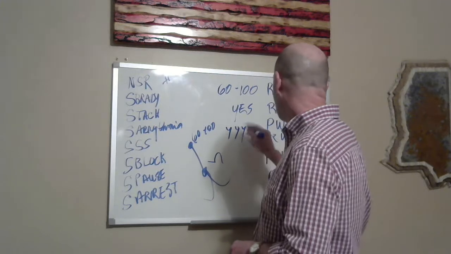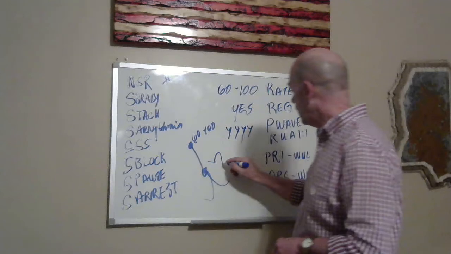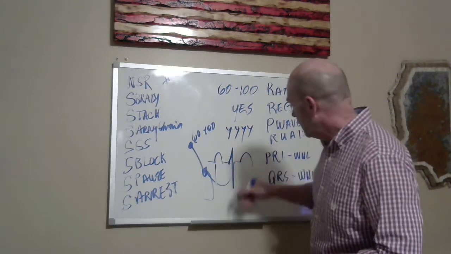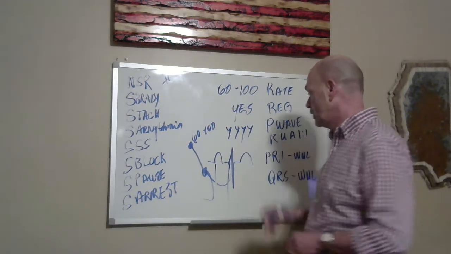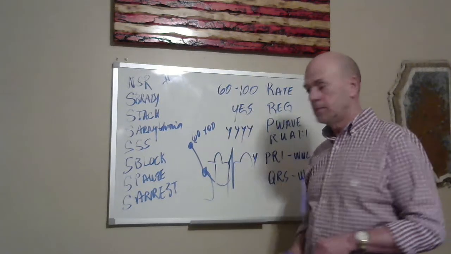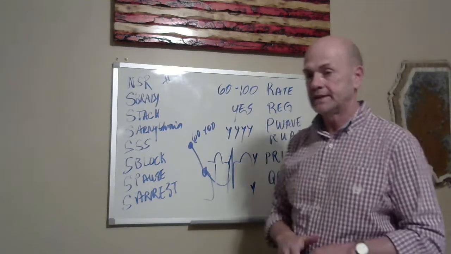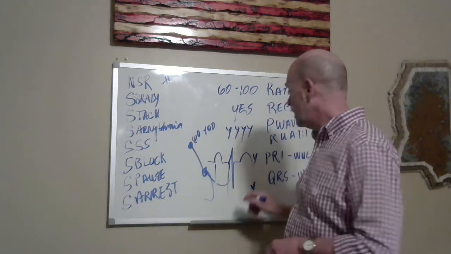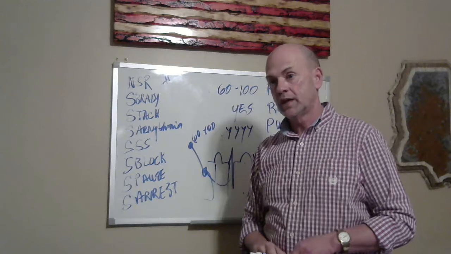The PR interval, the amount of time from the beginning of the P wave to the beginning of the QRS, is within normal limits, 0.12 to 0.20, that's a yes. QRS within normal limits, yes. All of these have to be answered for it to fall inside the category of normal sinus rhythm. Anything that's not in this set of rules excludes it from normal sinus rhythm.